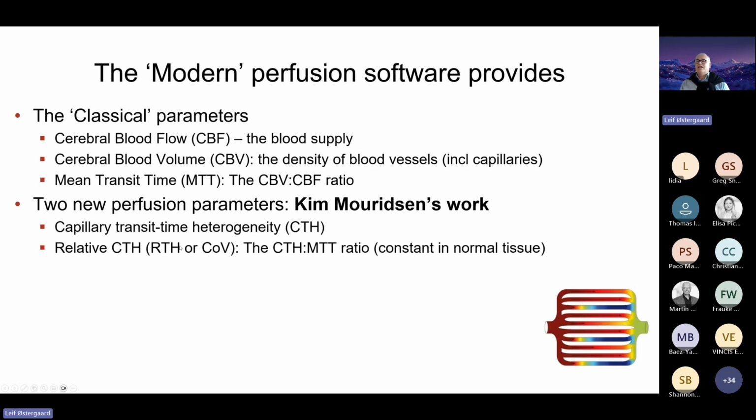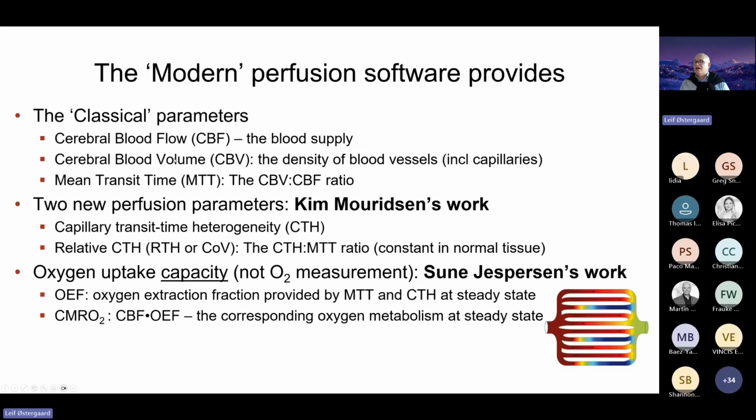The reason why that is important is that it turns out in our research that the ratio between those, RTH, is remarkably constant in normal tissue. So it means it's this contrast-less image, like you saw mean transit time also is, and we'll return to how that is very important in stroke.